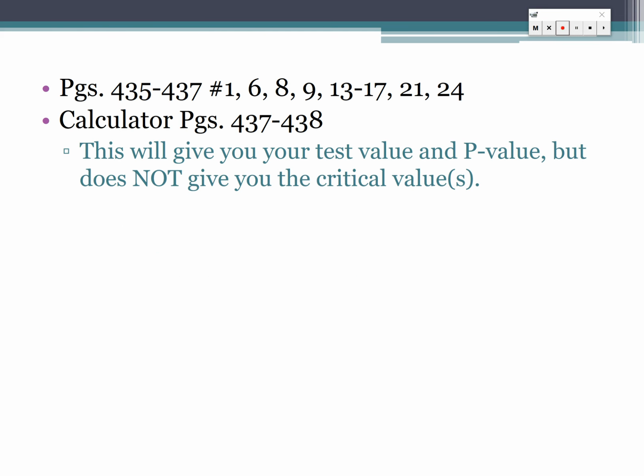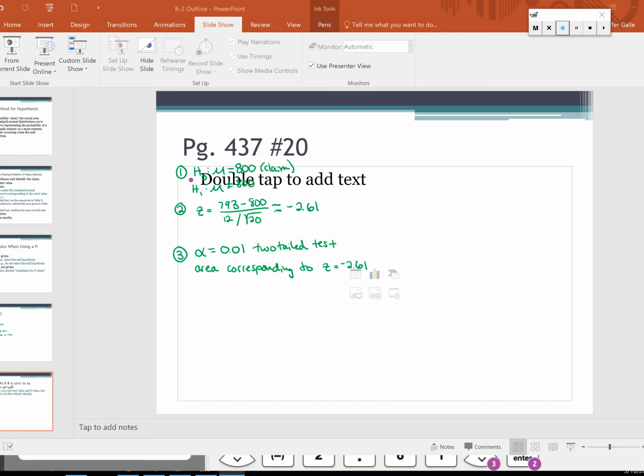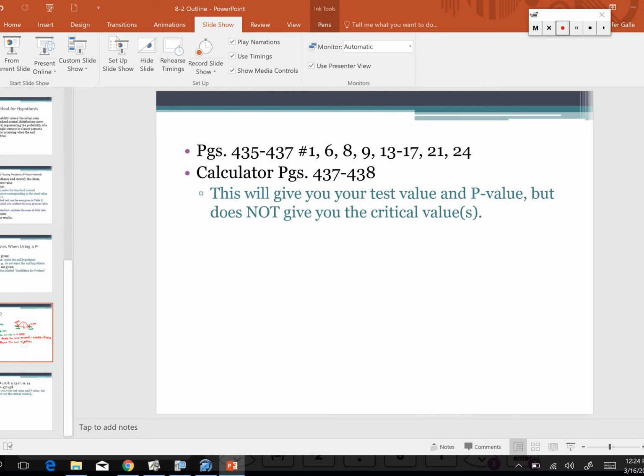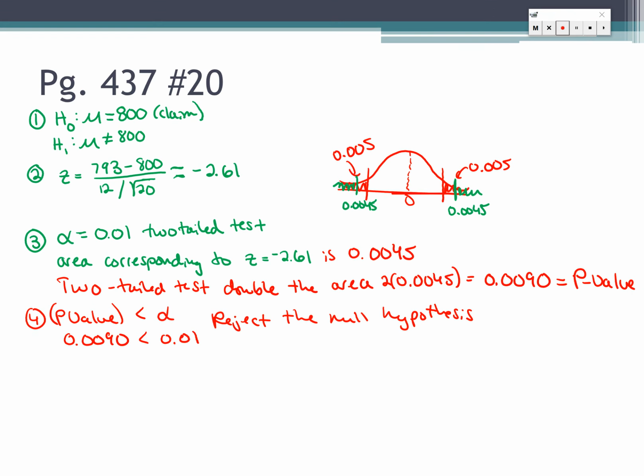Now, before I turn you loose for the practice stuff, I do want to show you. Oh, sorry, I forgot to write my conclusion. Sorry, I got ahead of myself here. All right. So we reject the null hypothesis, which is our claim.